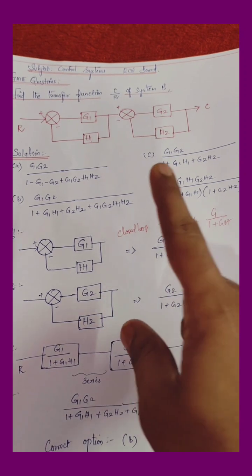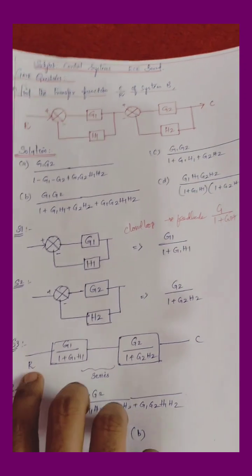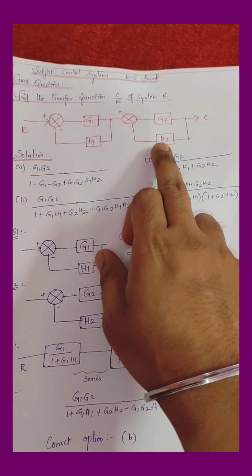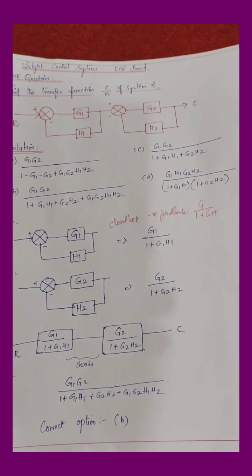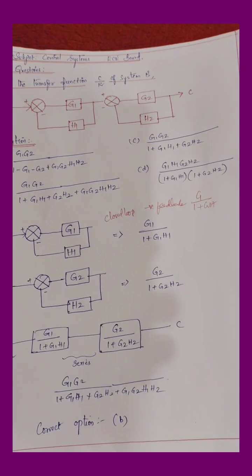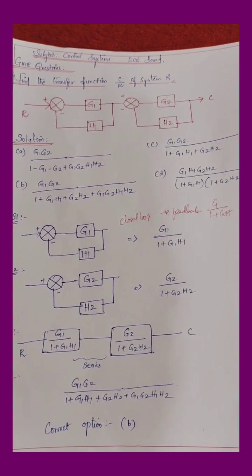Next, come to the second block. This is my second block, G2, H2 with the summer. Consider the second one, G2, H2 with the summer, plus minus.